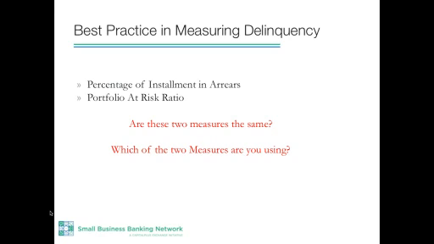Now for the first formula, if we are to compute the installment in arrears ratio, the numerator that we use is just the $200, the amount of installment that was missed, not the outstanding balance of the loan.